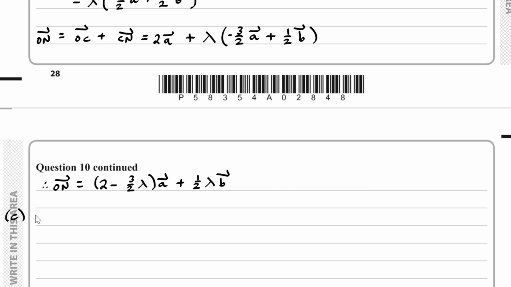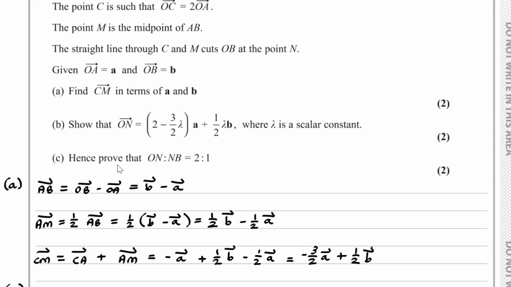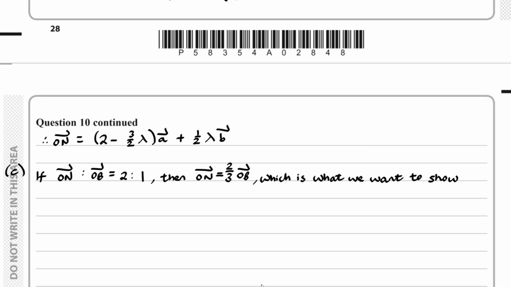Now for part C, we have to hence prove that ON to NB is equal to 2 to 1. So for this question, if ON to OB is equal to 2 to 1, then ON is equal to 2/3 OB, which is what we want to show in this question. So that's one way of tackling it.